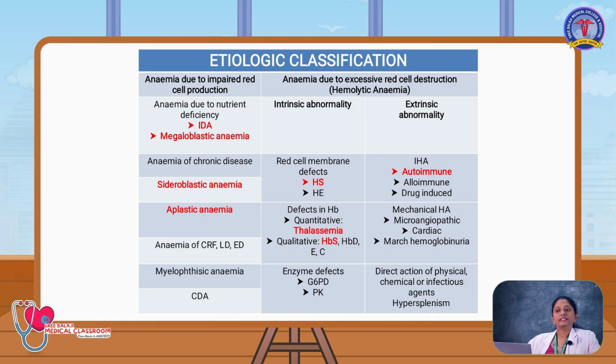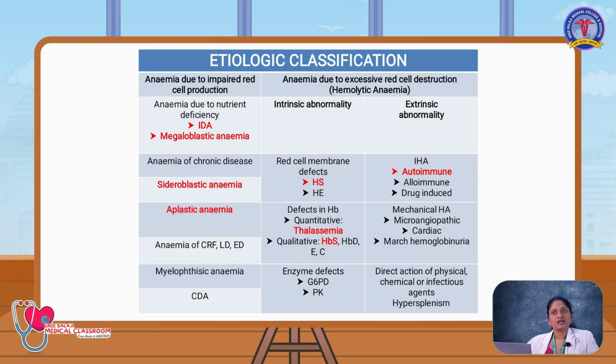Most often this is because of iron deficiency anemia or other nutritional deficiencies like B12 or folic acid deficiency, which leads to impaired red cell production. The other causes of anemia due to impaired red cell production are anemia of chronic disease, sideroblastic anemia, aplastic anemia, anemias of liver disease and endocrine disorders, myelophthisic anemias, and congenital dyserythropoietic anemia.